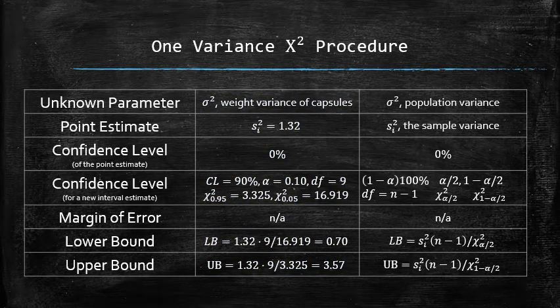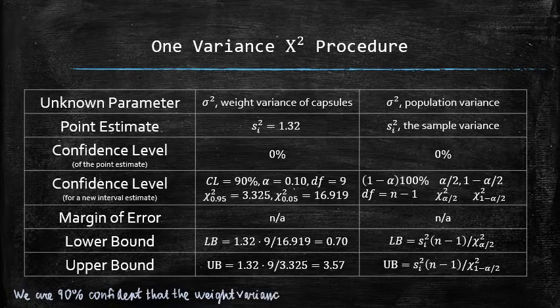Now we can interpret the results. We are 90% confident that the weight variance of capsules is between 0.70 and 3.57 milligrams squared.